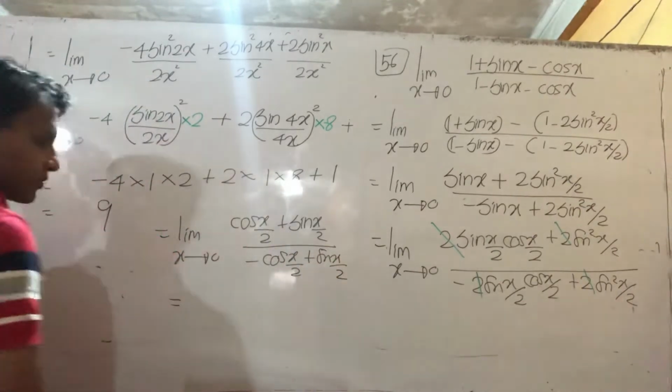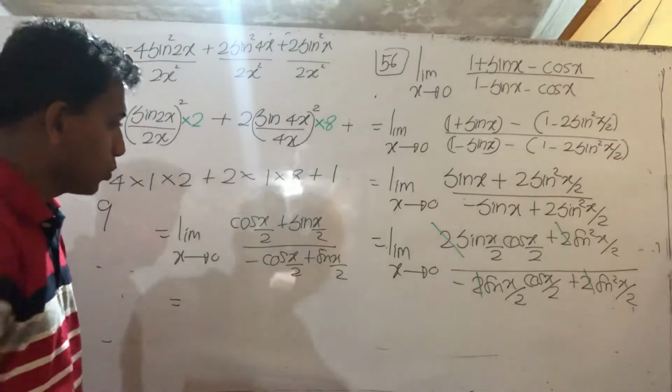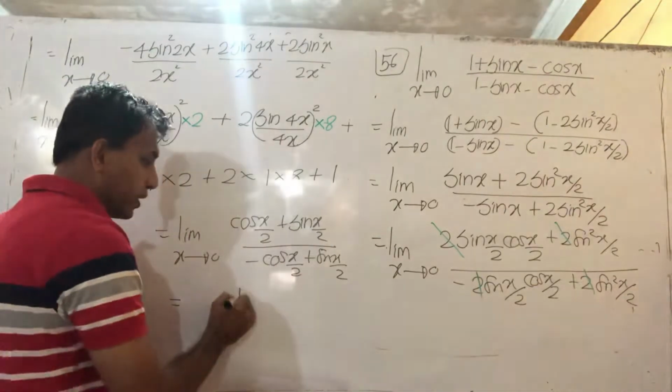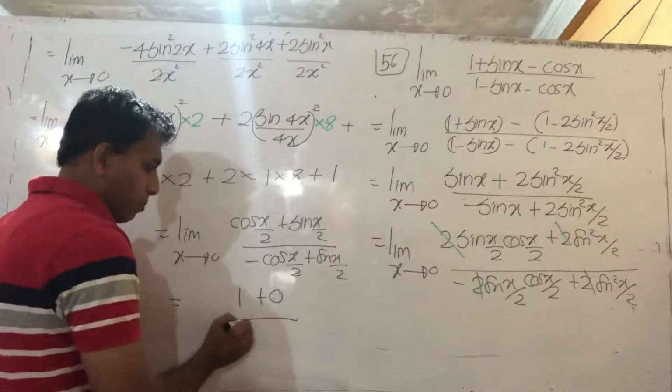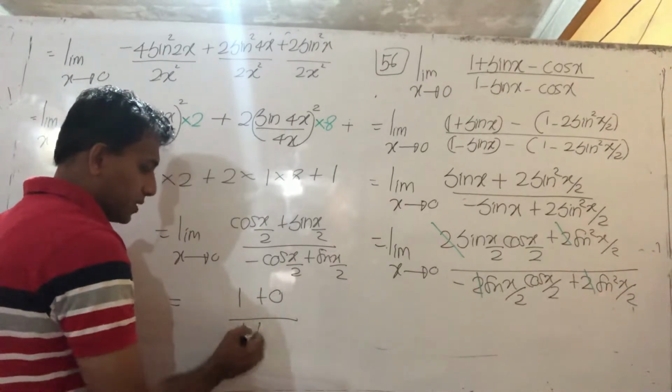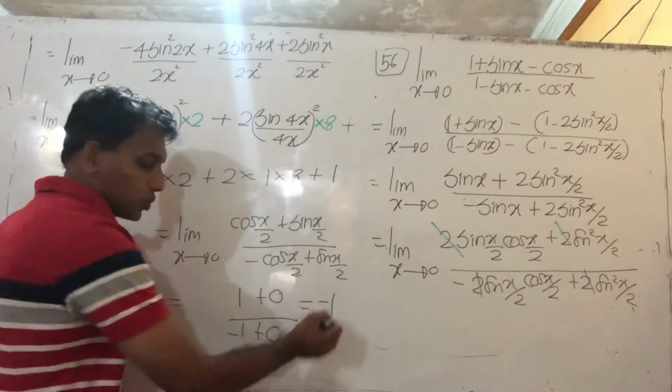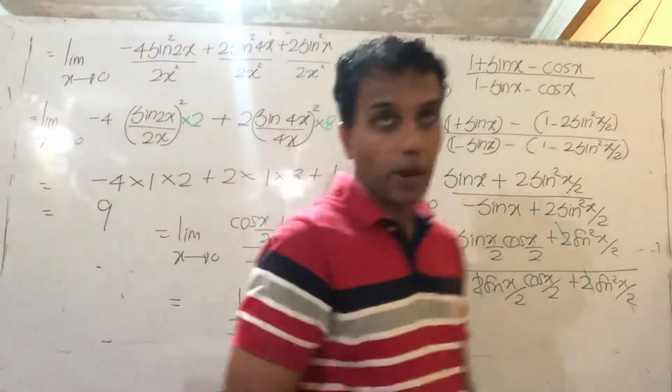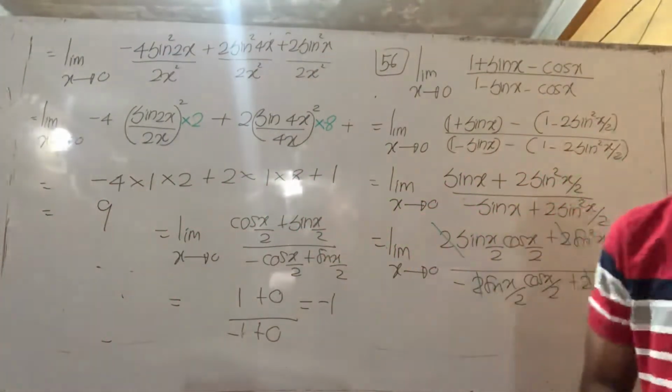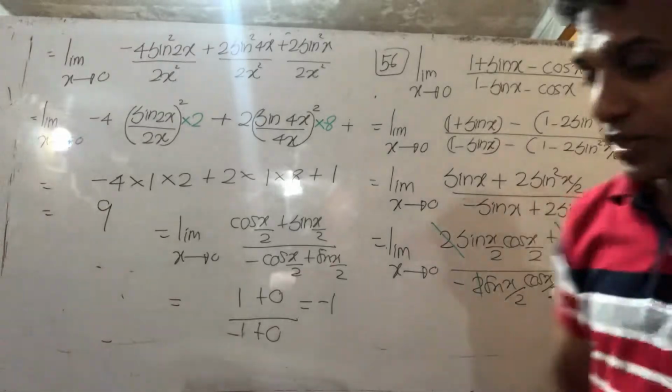So complete, put x as 0. Sine naught is naught, cos naught is 1: 1 plus 0, over minus 1 plus 0. The answer is minus 1. If you follow this pattern regularly, you can get the answer, a clear solution. This is my 56th question.